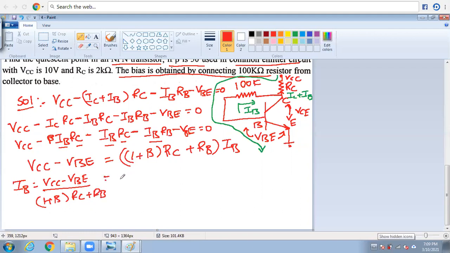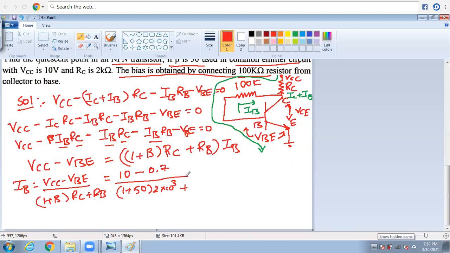So VCC is already given by the examiner as 10 volts. VBE for an NPN silicon transistor is 0.7 volts. Beta is already given by the examiner, that is 1 plus 50. RC is also given by the examiner, 2 into 10 to the power of 3.